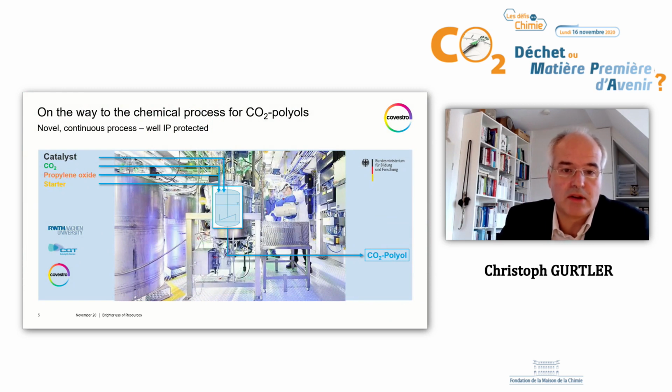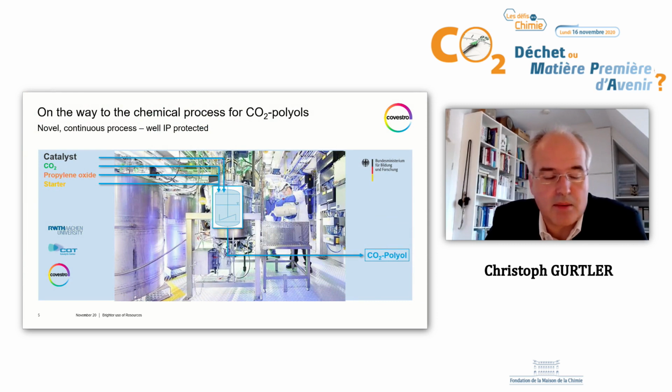So how do we do it? It looks very simple, as always, and there is lots of high tech and high chemistry behind it. We take the magic catalyst that enables us to let CO2 and propylene oxide react together with a starter under highly refined reaction conditions in a continuous way, as depicted here on this slide in a continuous reactor mode, to yield the CO2 polyol that is needed for the production of polyurethanes.